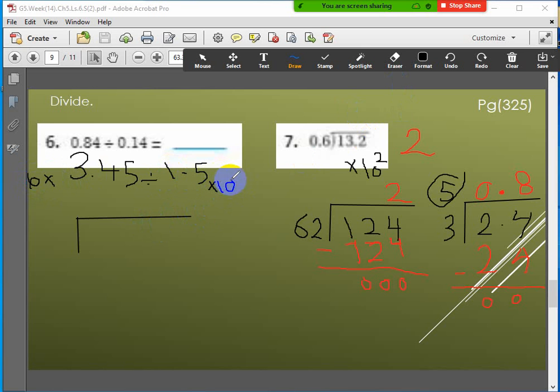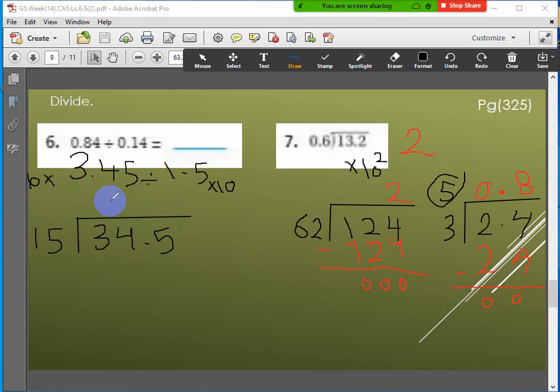So 1.5 multiplied 10 equals what? 15. Now 3.45 multiplied 10 equals what? I have to move the decimal point one digit, so it will be between 4 and 5, so the number becomes 34.5.